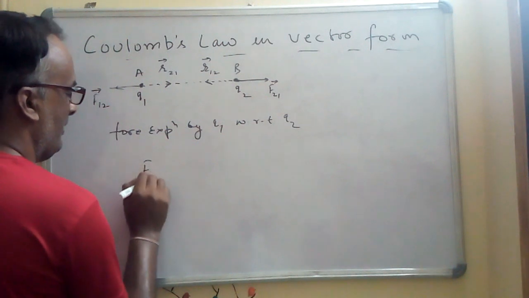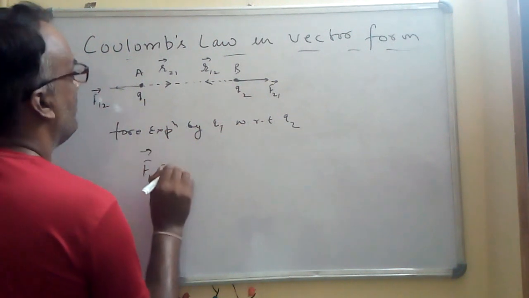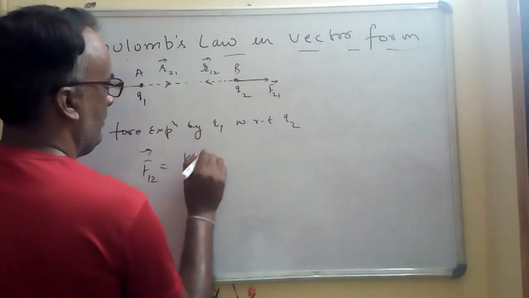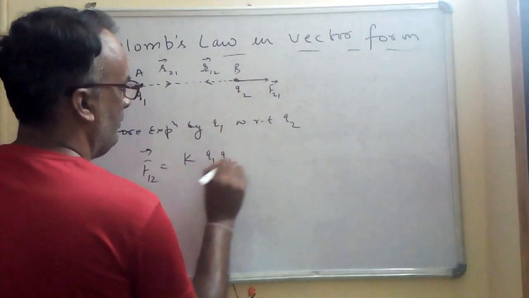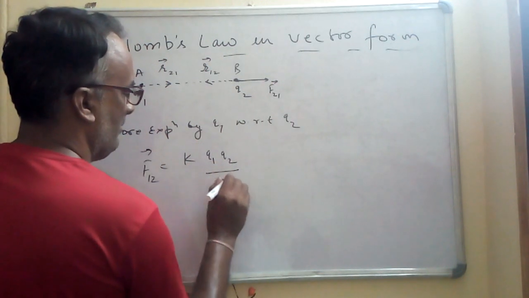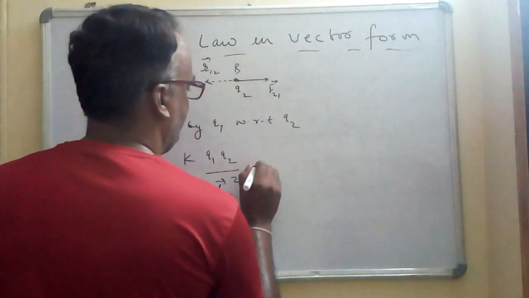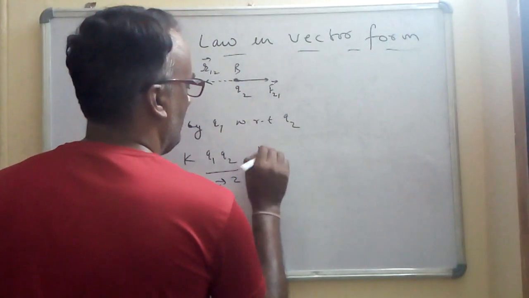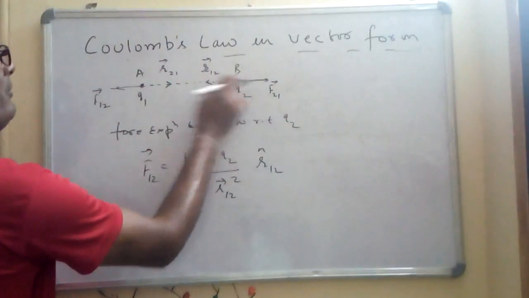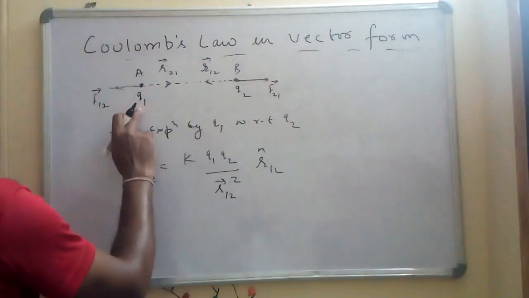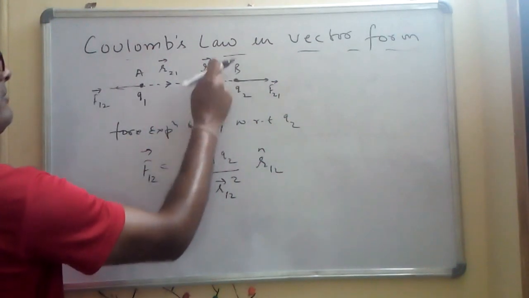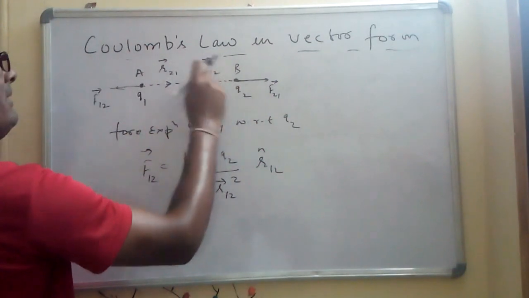F12 equals K Q1 Q2 upon R12 square, and R12 is the position vector. It means the force on Q1 due to Q2, so the direction will be R12.